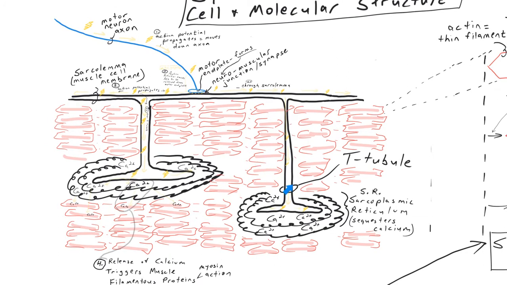Remember that the skeletal muscle itself is very large compared to the tiny, barely visible in a light microscope motor neuron axon that brings an action potential down the axon to the skeletal muscle, where it synapses with the skeletal muscle at the motor end plate, or the neuromuscular junction, or synapse.